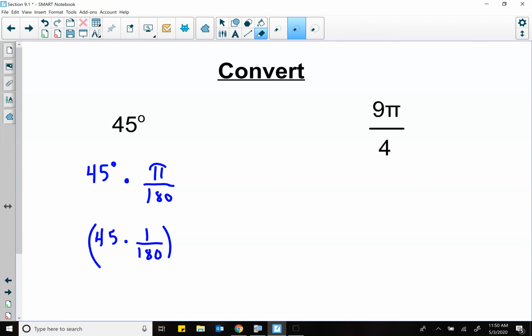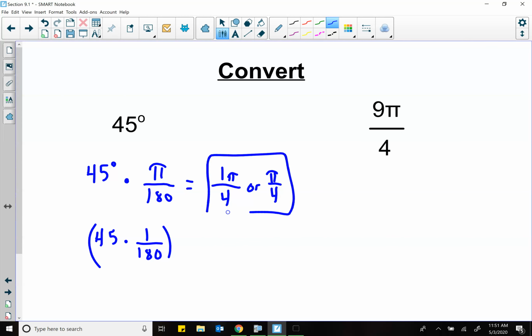If you take 45 times 1 over 180, you end up with 1/4. But again, the pi stays in the numerator. So 1 pi over 4 is fine, or you can call it pi over 4. Both of those are valid answers. Most of the time, when I get to the next section, I'm going to be dropping the 1 in front of the pi, and just call it pi fourths.